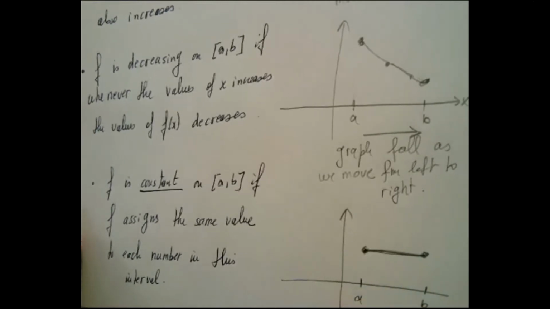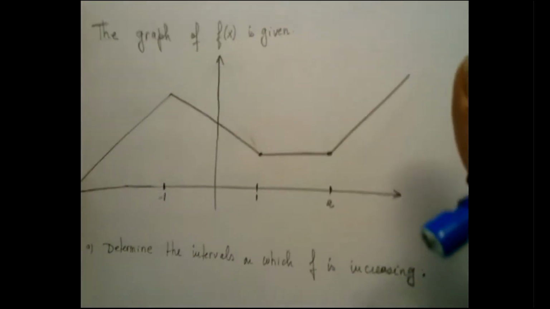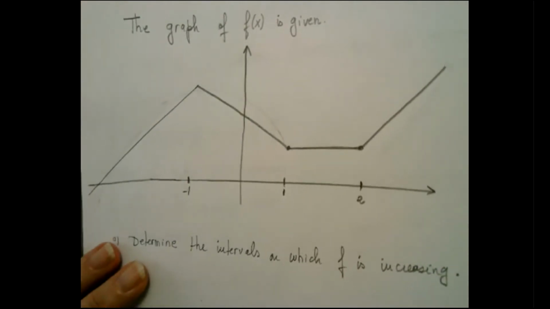Now we're going to do two examples. The first one is simple. And then you have a worksheet on Brightspace that you will do together. But first, let's get the interval notation. I'm giving you the graph of f of x, which means you have a function.